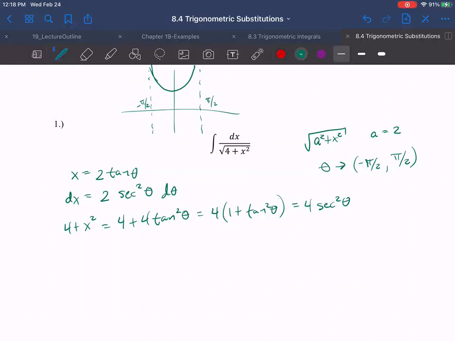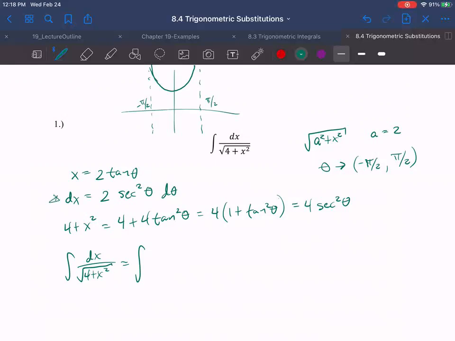Okay? So our integral of dx over square root of 4 plus x squared is going to equal the integral, and we're going to make our substitution here where we have 2 secant squared theta d theta.